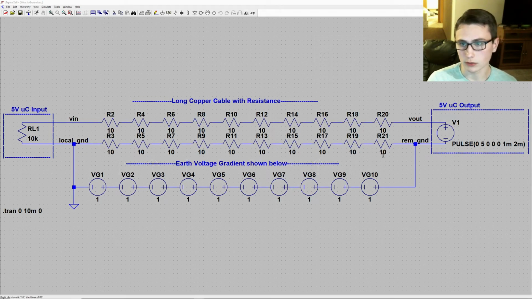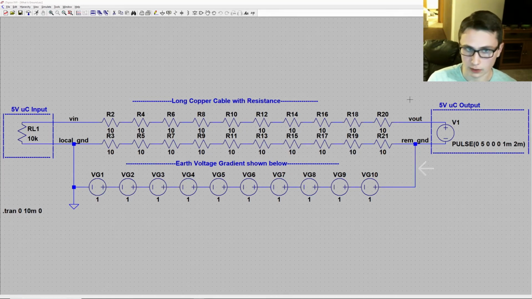Then we have a microcontroller outputting a pulse train with 50% duty cycle, swaying from 0 volts above its ground potential to 5 volts above its local ground potential. This ground potential, local to our outputting microcontroller, is labeled remote ground.